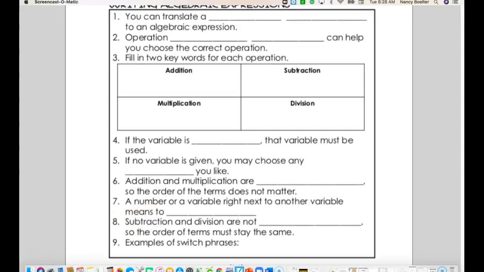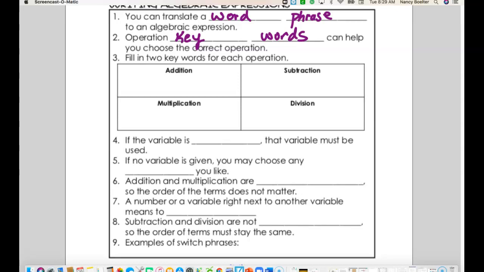So you can follow these three steps when you're writing an algebraic expression. You're going to translate a word phrase into an algebraic expression. You're going to look for the operation keywords, those keywords that tell you whether to add, subtract, multiply, or divide.